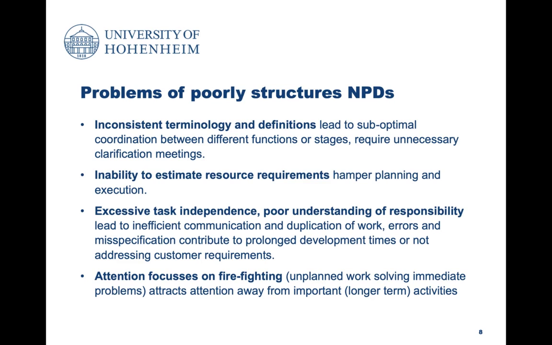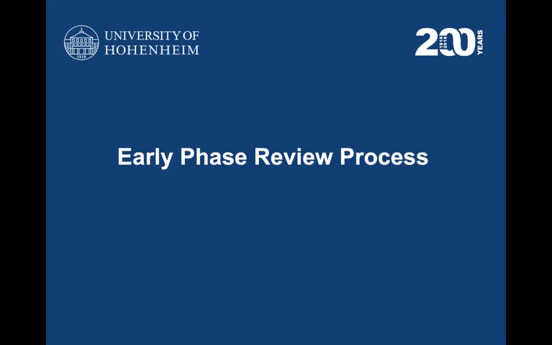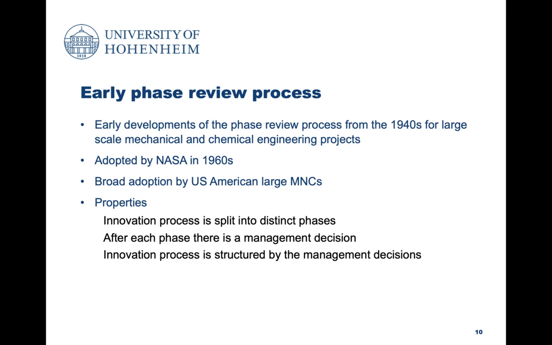And now the question is how can we structure an idea to launch type of process? The early phase review processes started in the 40s for large-scale mechanical and chemical engineering projects. And it was basically adapted in the 60s by NASA to bring a man to the moon.